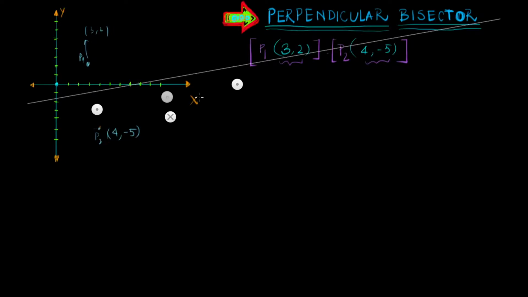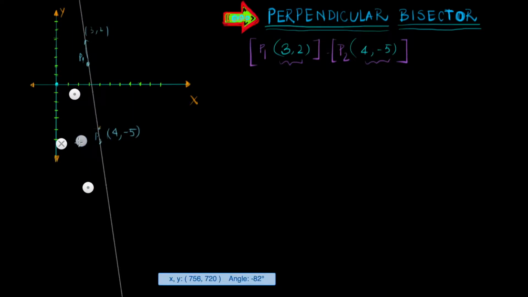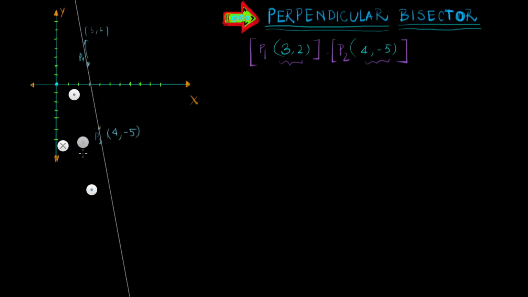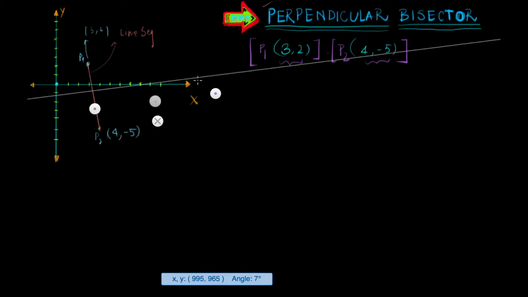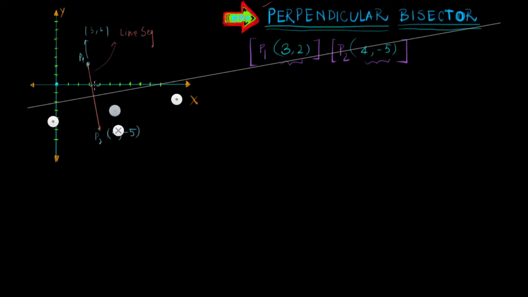Now, a perpendicular bisector would be a line that bisects this line segment. But let us draw the line segment to begin with. If I change my pen color, say I'll put a red, this line segment right there is going to be the given line segment. If we want to draw the perpendicular bisector, then we must be perpendicular to this line segment and we must be right in the center.